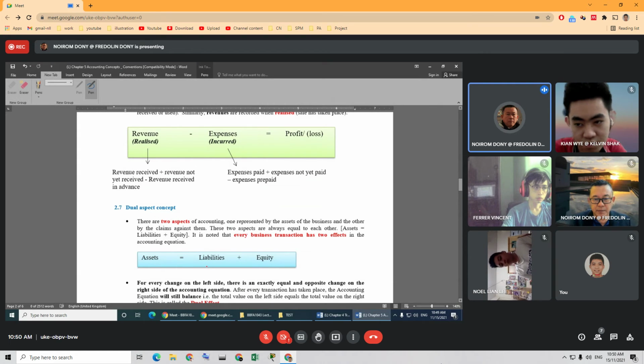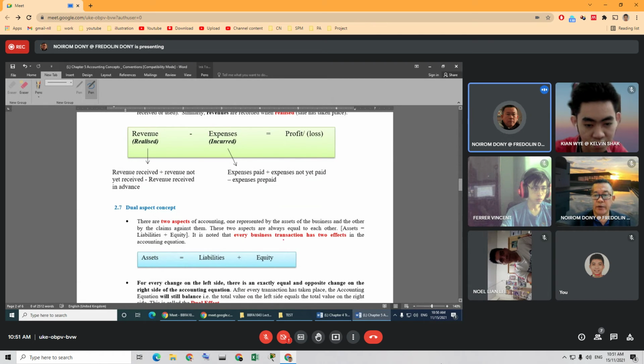These are the claims; they claim all these assets back. That is from the outsider, and equity is from the owner. These two aspects are always equal to each other. So you must ensure this equality is always observed.